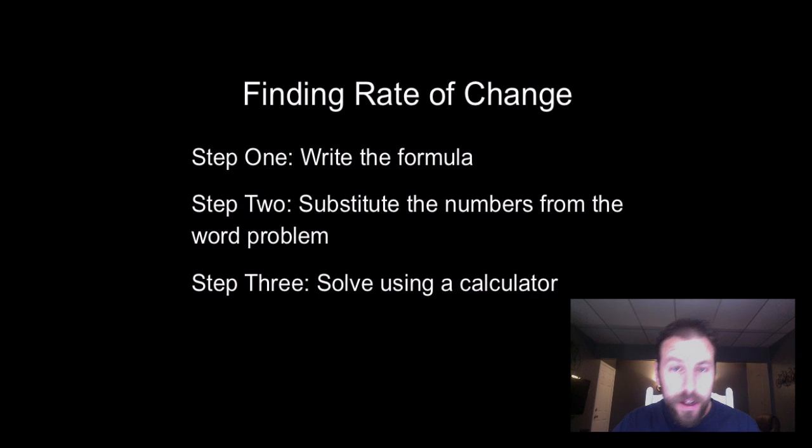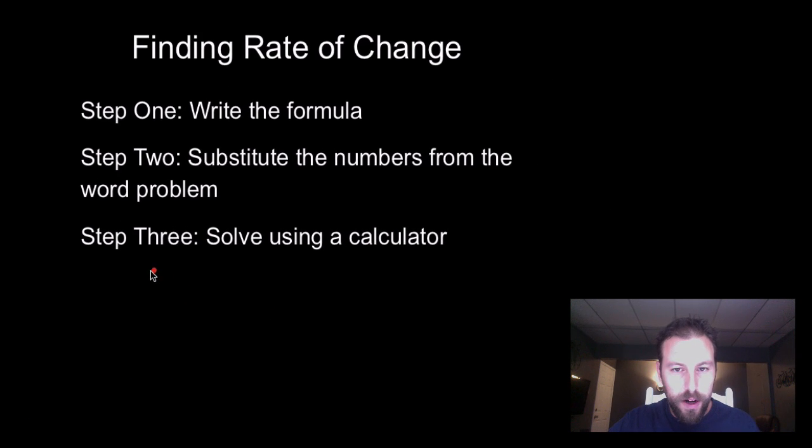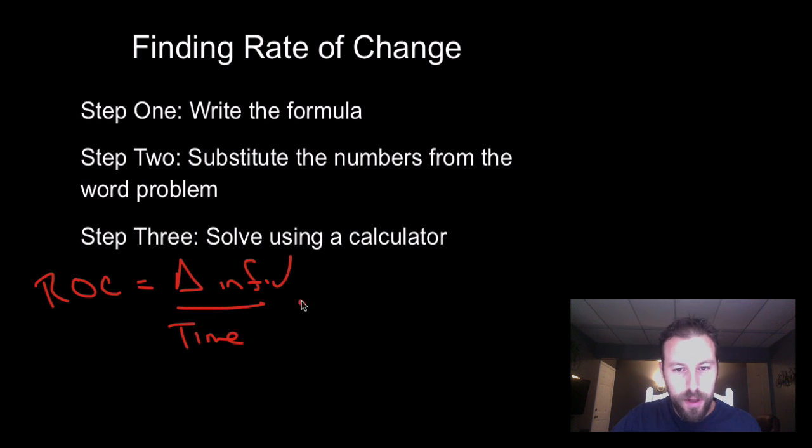Okay, finding rate of change is pretty easy to do. First thing we're going to do is usually write our formula. So rate of change equals change in field value over time. Then we're going to substitute in our numbers from the word problem. We'll just use an example. Maybe it's 3 degrees Fahrenheit.